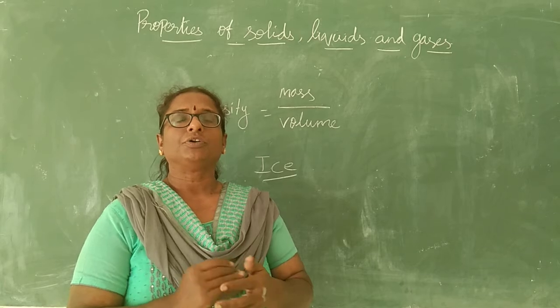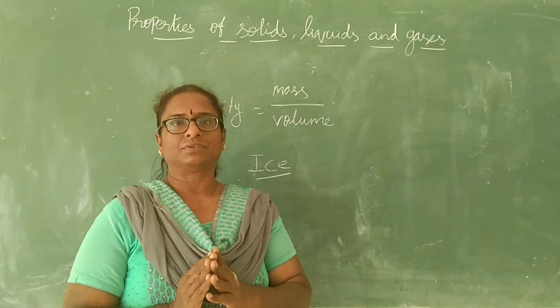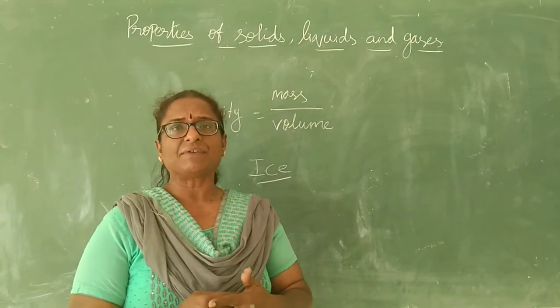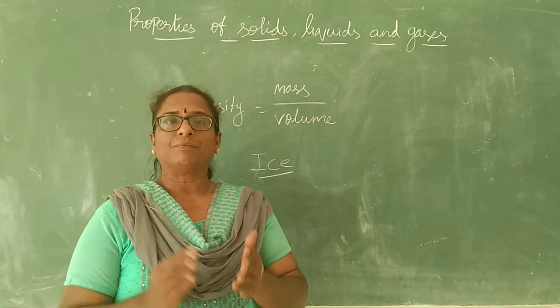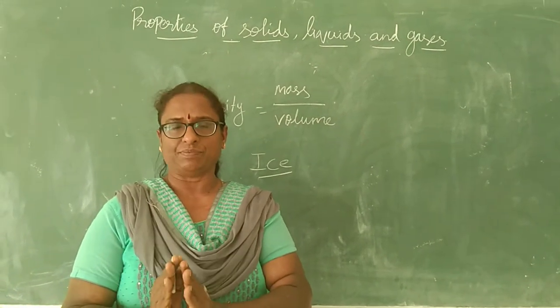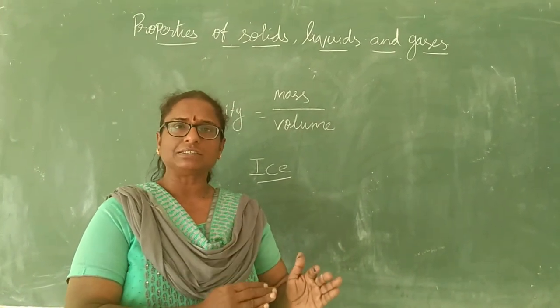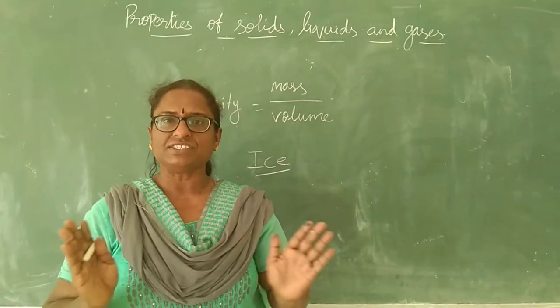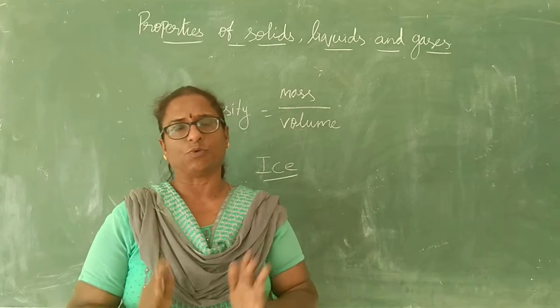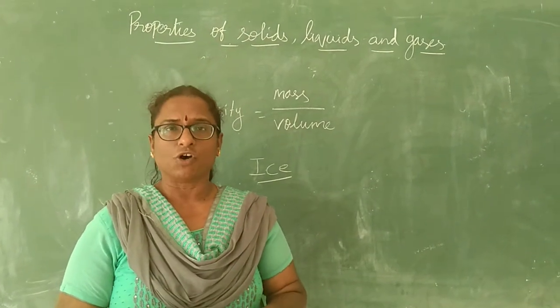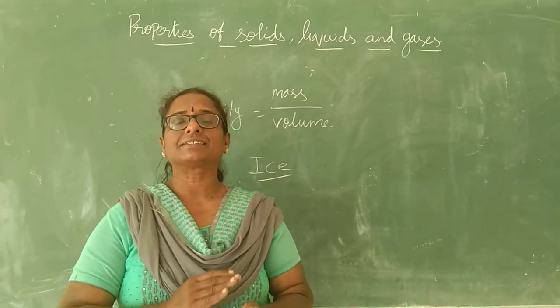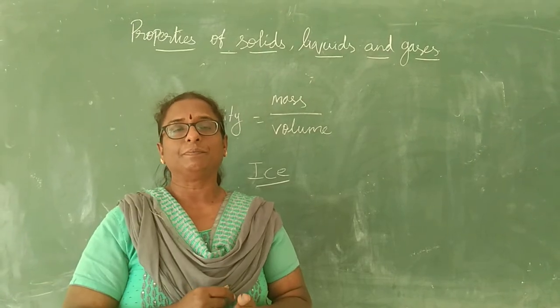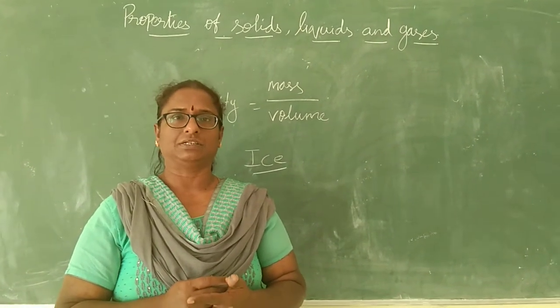Now you keep it in the freezer, and after some time when you take it out, the mass remains the same. That is, the mass of water and the mass of ice remain the same. That is half kg only, ice as well as water. But when you see the volume of ice, it has come up to the brim of the bottle.